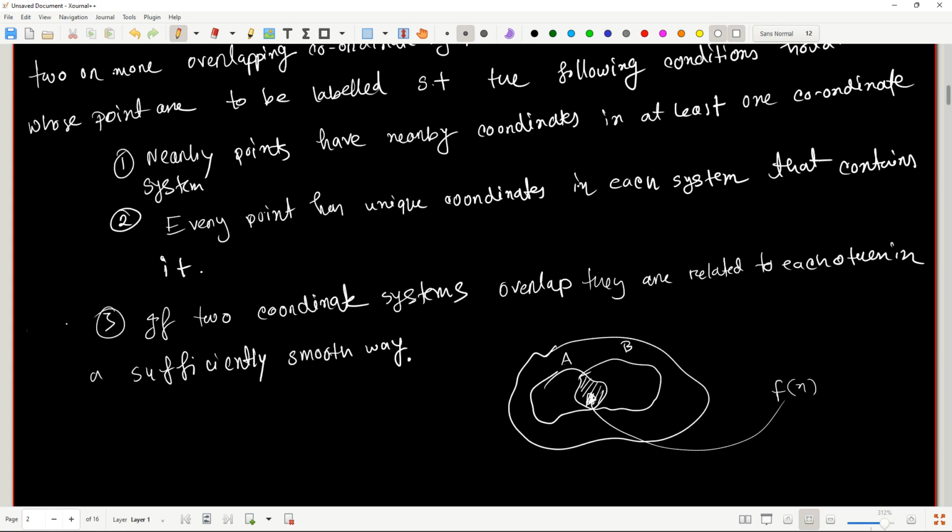So that's why we require this third condition. And to develop the theory of manifolds, we need these three conditions inside our head.